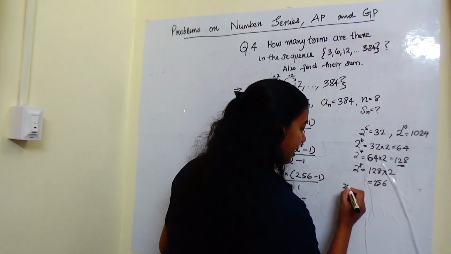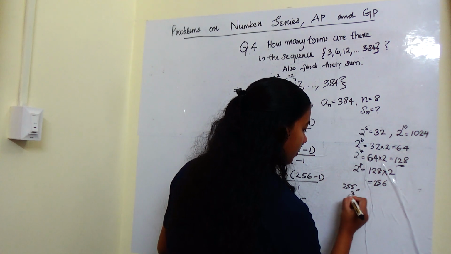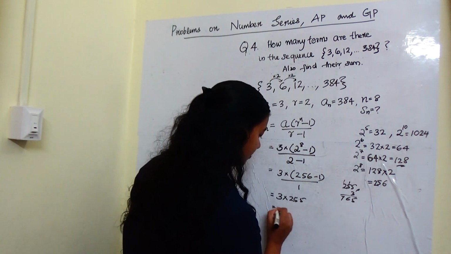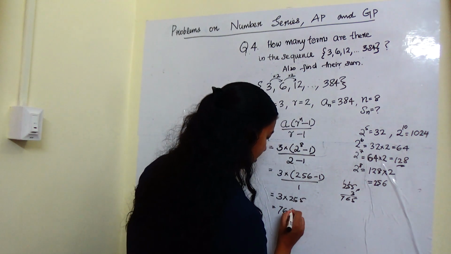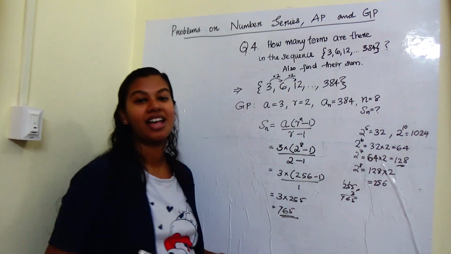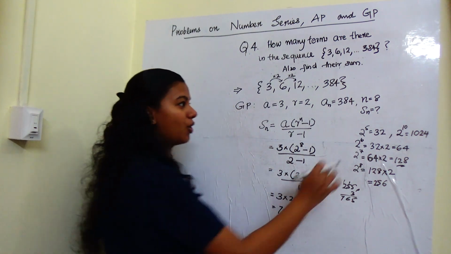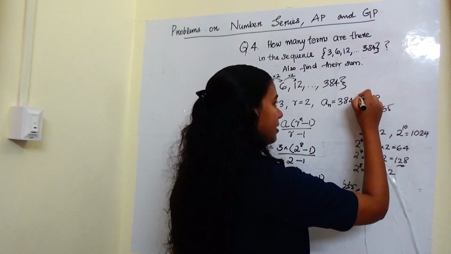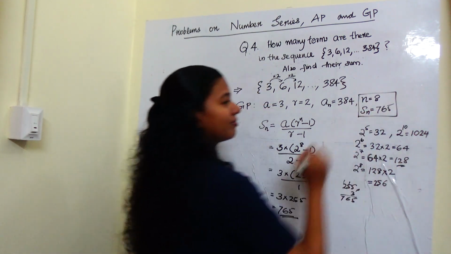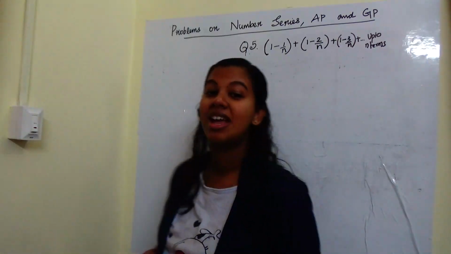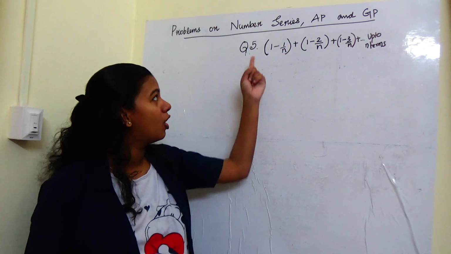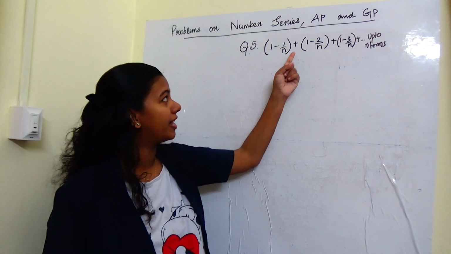So I multiply 255 into 3. I get 765. So the sum is 765.